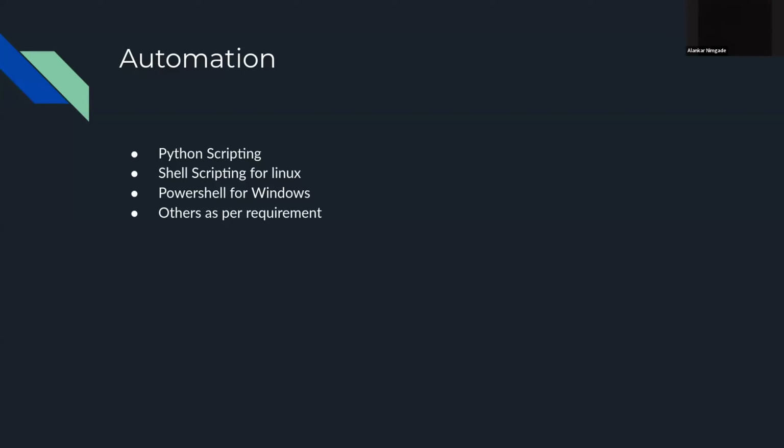Nowadays people are going with Go and Lua for automation also. It would be really helpful if you learn any programming languages. Start with Python, then shell scripting, PowerShell if you need. If you do Python and shell, then any other language would be really easy to understand and you can quickly start working on it.